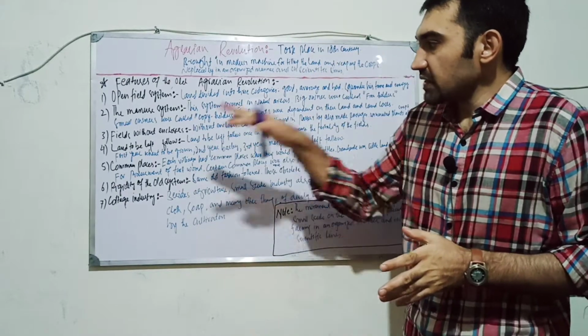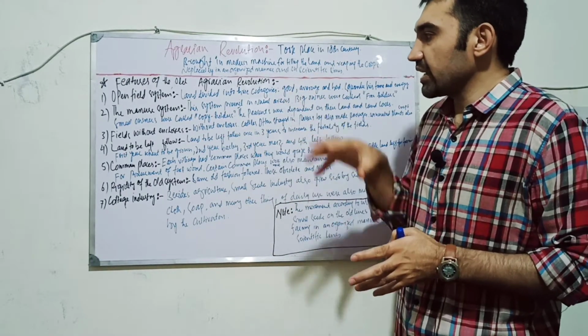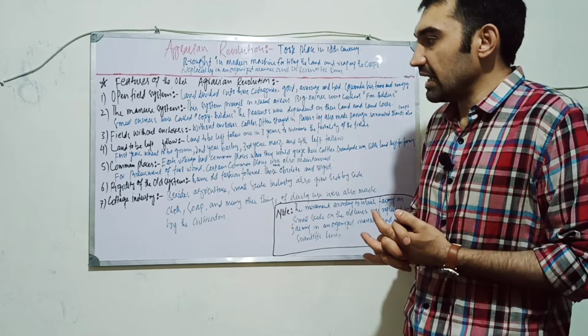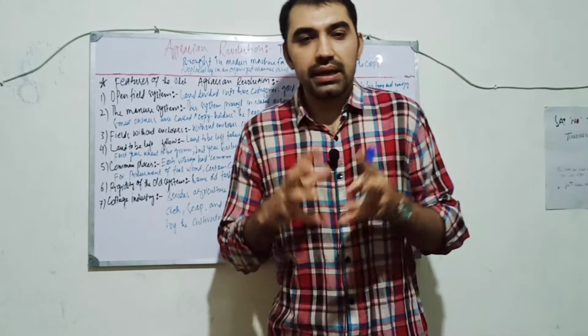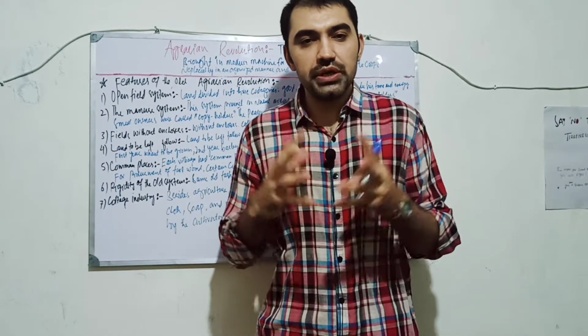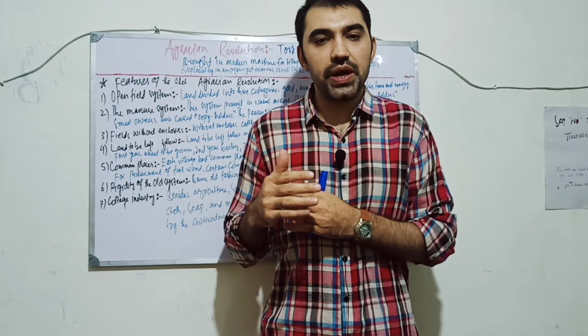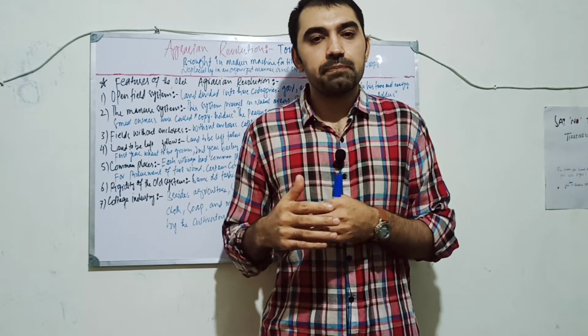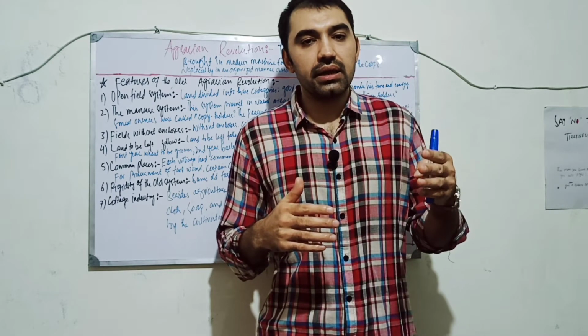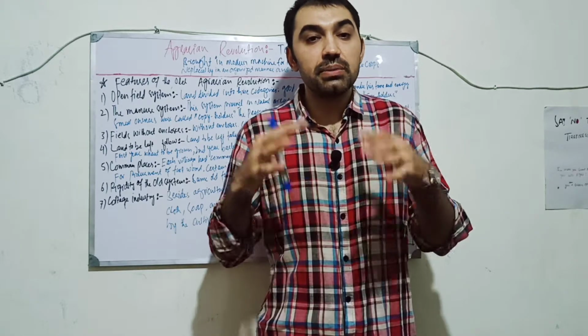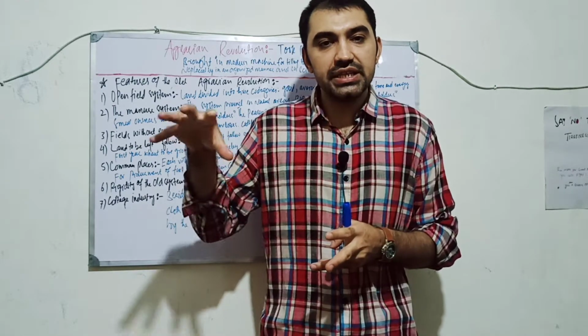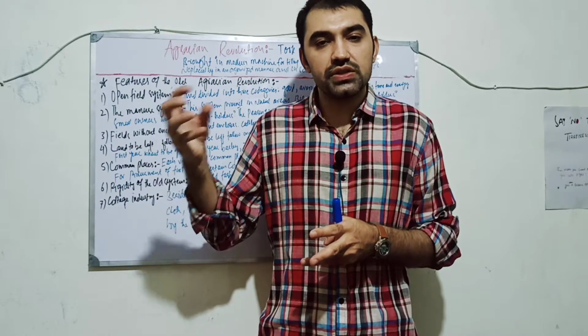The fourth feature of this agrarian revolution was the land left to be fallow. Land left to be fallow means they would not cultivate the land for some period of time or in some years. They would cultivate the land for 1 or 2 or 3 years.